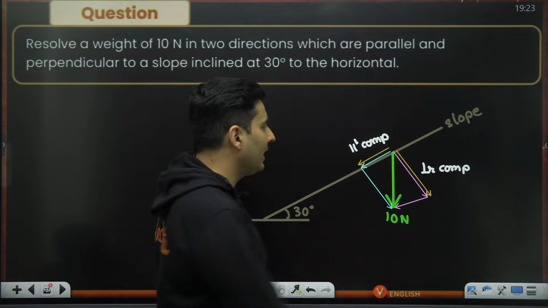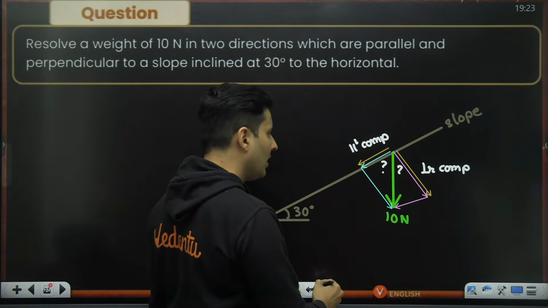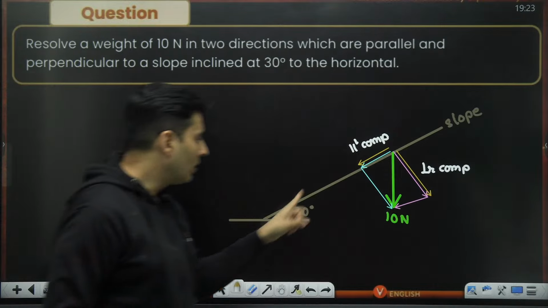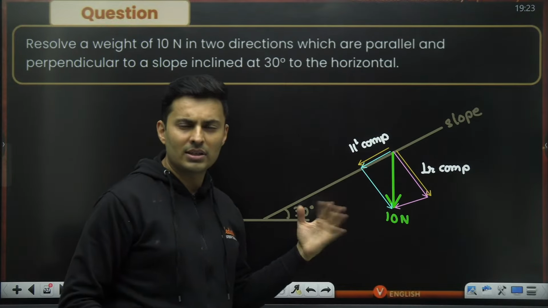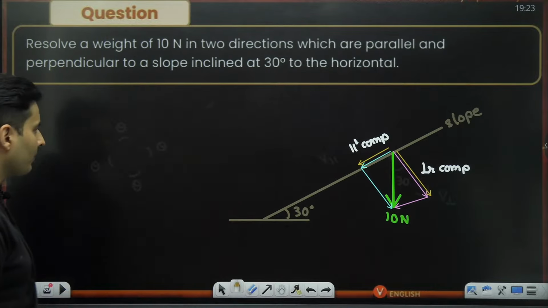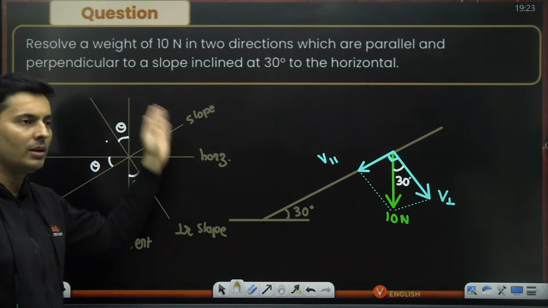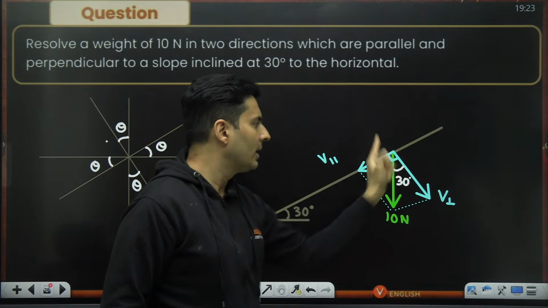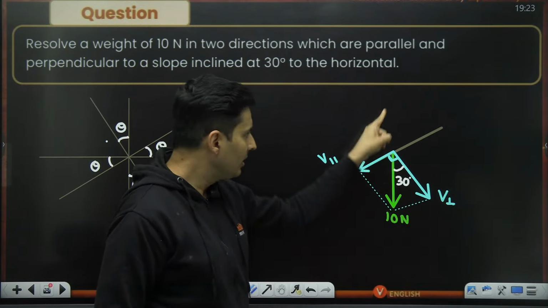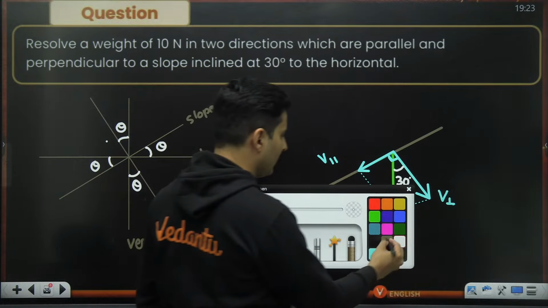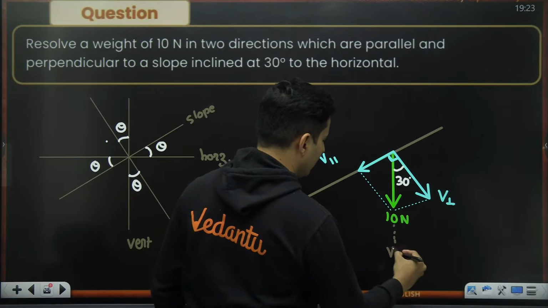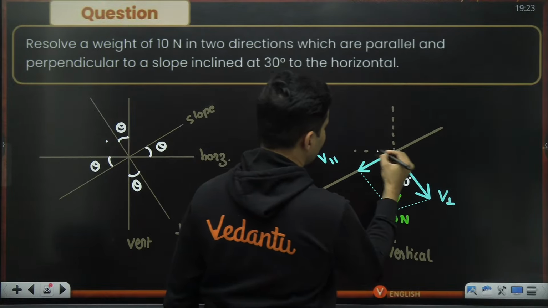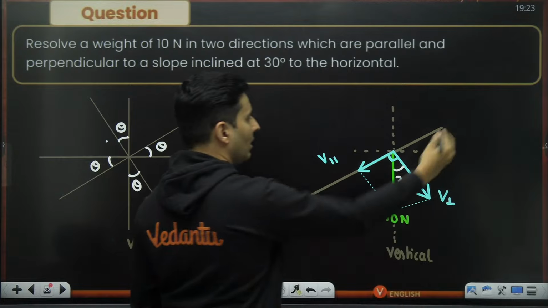But to find the component, I need to know either this angle or this angle. I don't know anything. So I will take the help of this angle. So now, in order to find out which of these angles is 30 or 60 or whatever it is, I gave a trick. And what is the trick? You divide the figure into 8 parts: horizontal, slope, vertical, and perpendicular to the slope. As you can see, this is perpendicular, this is vertical. This was horizontal and this was along the slope.